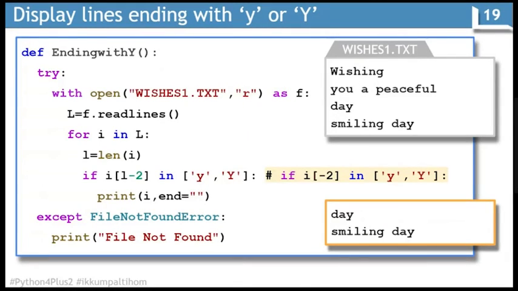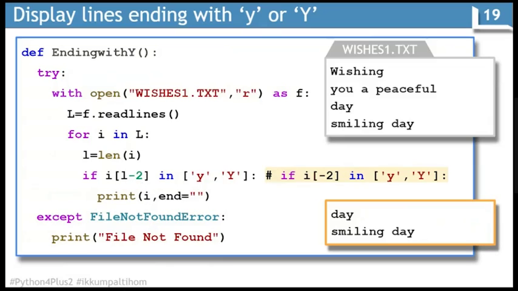different than what we usually do. You can see we are extracting all the lines with the help of f.readlines, and with the help of for i in L, we are extracting each string out of the list of strings. We are taking out the size of the string, and then instead of writing L minus 1, we are writing L minus 2.